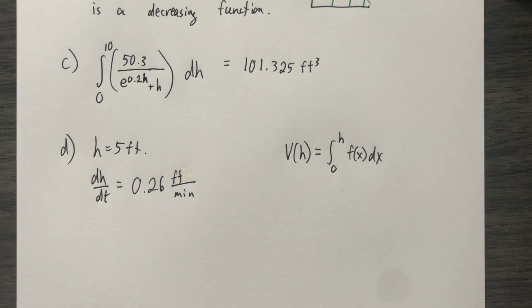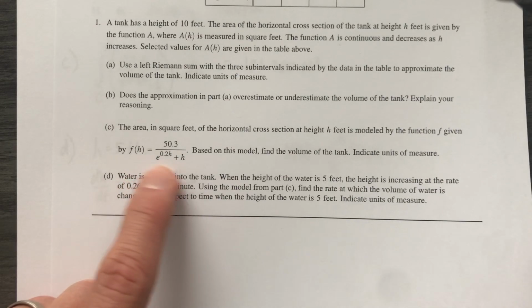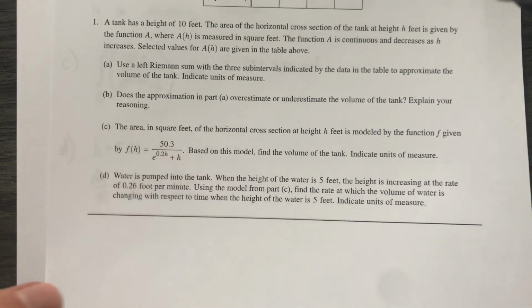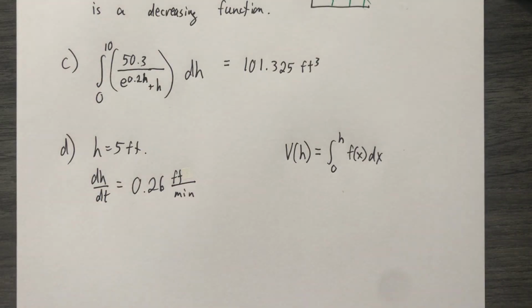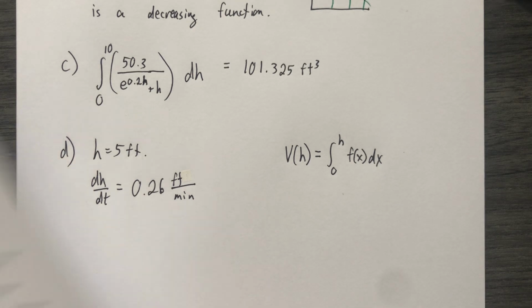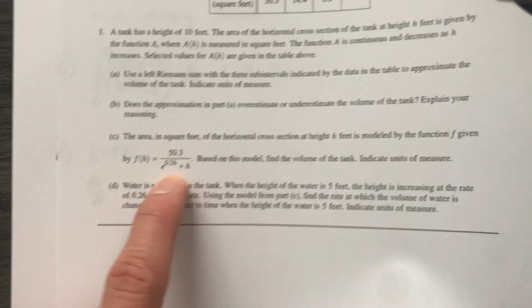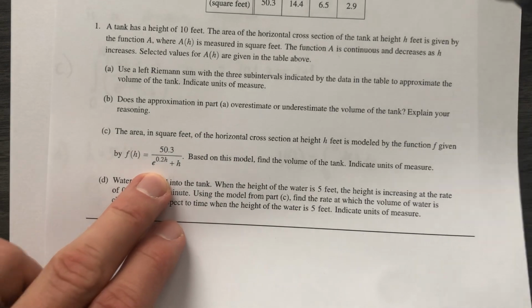Whoa, what just happened? Okay, I pointed at this and I said we're going to use this, and the accumulation of that. We want to deal with the volume using the height, the accumulation of the areas with a given height.